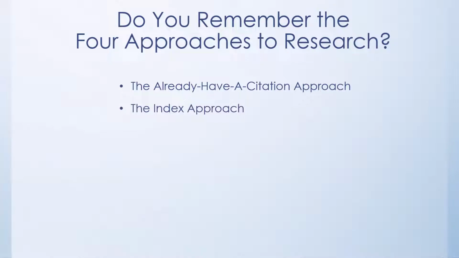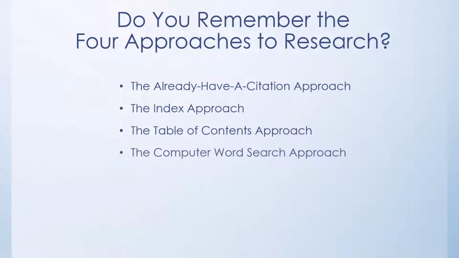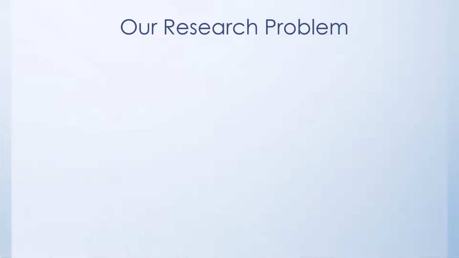That's in a later video. The third is the table of contents approach, and you can probably guess this is the one that I'm going to show you here. And the final method is the computer word search approach, and obviously we're not using a computer. So in order to use the table of contents research method, we need to have a research problem.